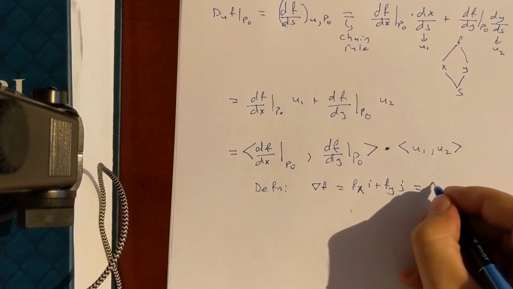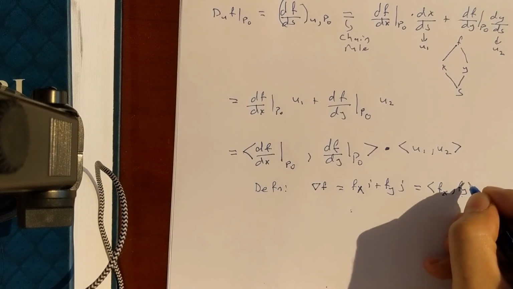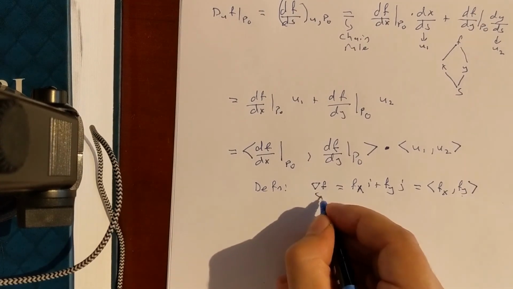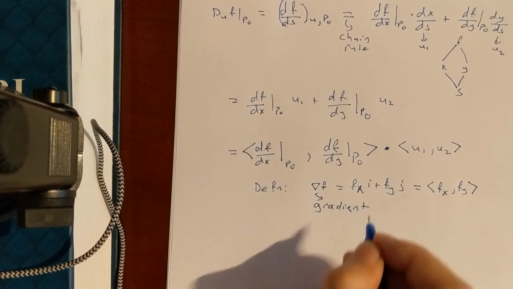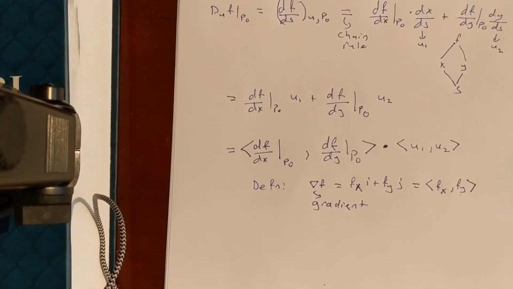Or in other words, it's just f sub x, f sub y. This is just the gradient, funky term, gradient of f, del f is f sub x i plus f sub y j.